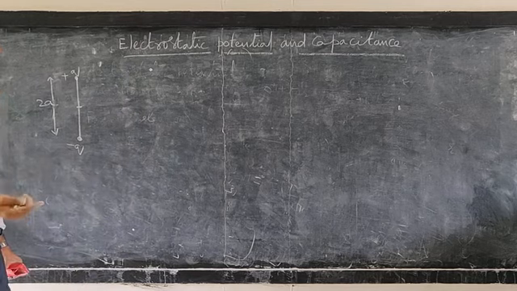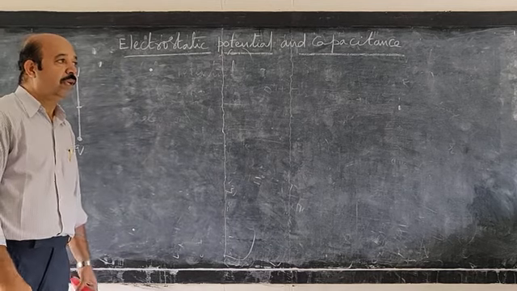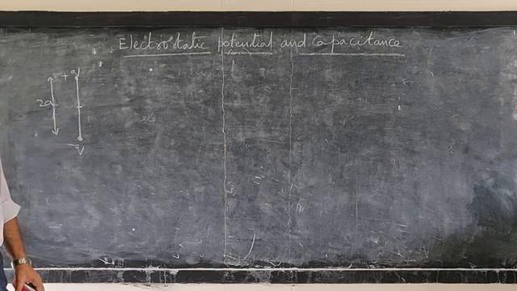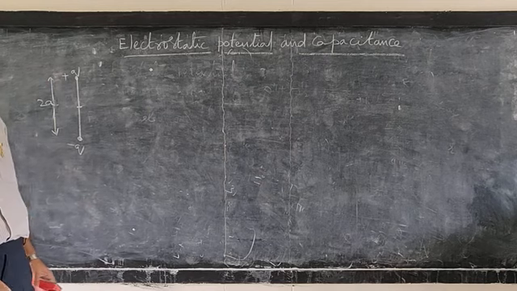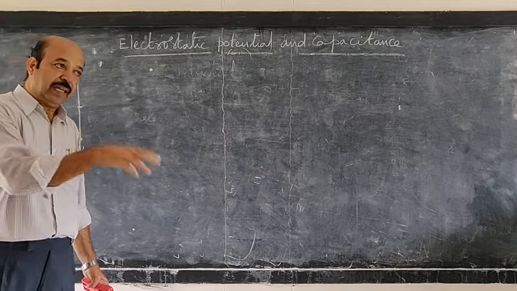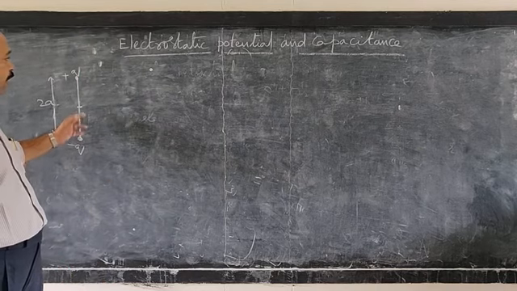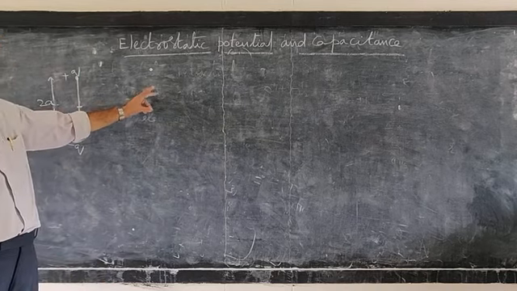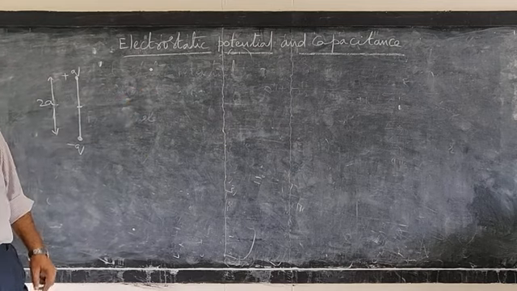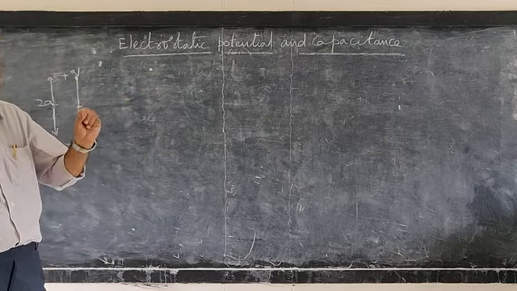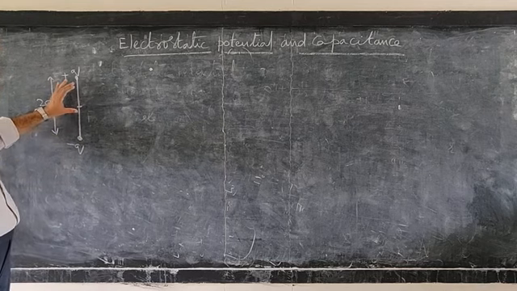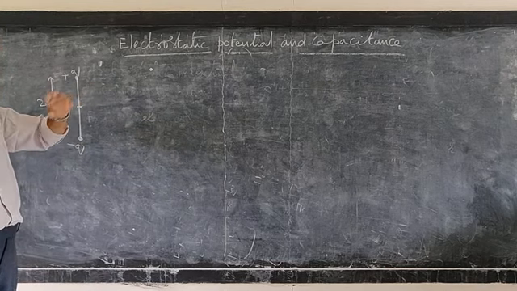In the last lesson, we discussed the electric field strength due to a dipole. There, the electric field strength depends not only on the distance of the point, but also on the angle between the dipole moment direction, that is the direction of the dipole, and the position vector.